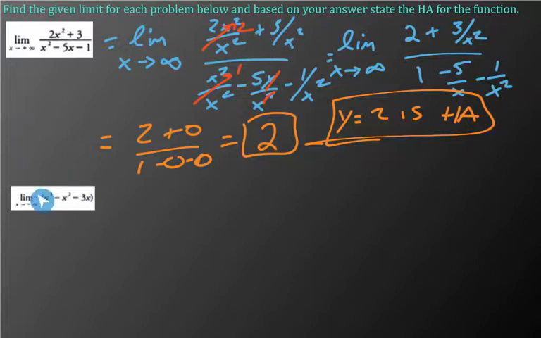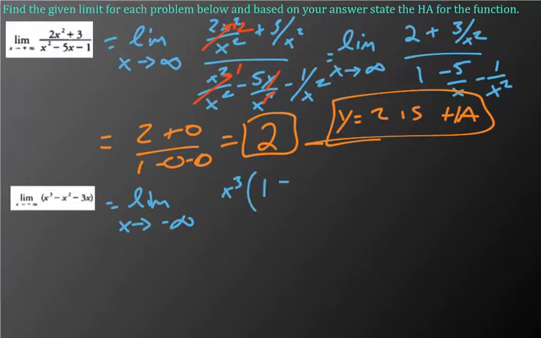For this one, the biggest exponent is 3. So I'm going to just start by dividing everything by x cubed. This one's going to negative infinity. Basically I'm just going to take x cubed out. We'll just do it that way.